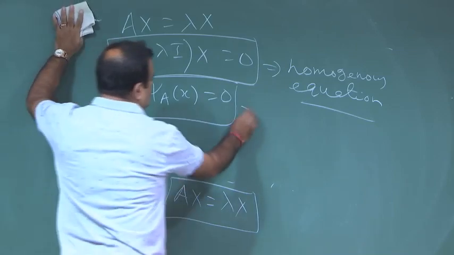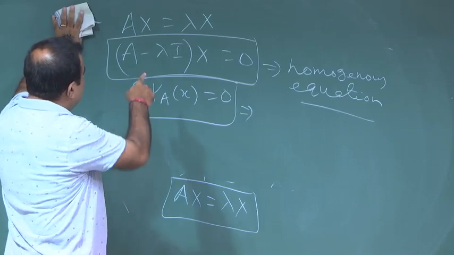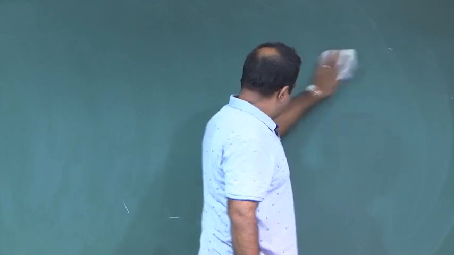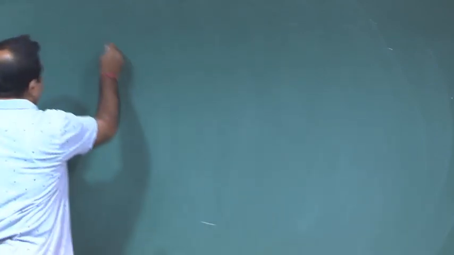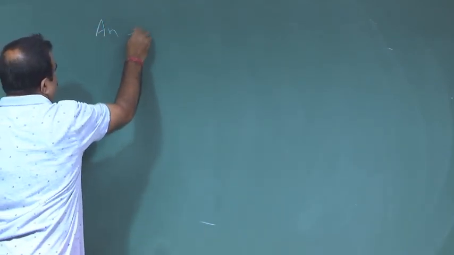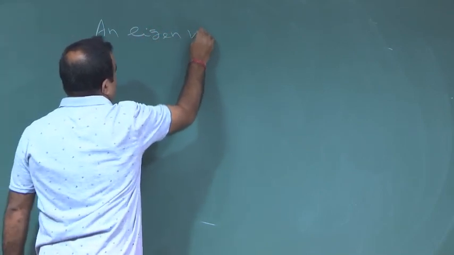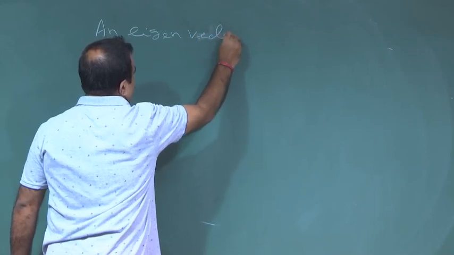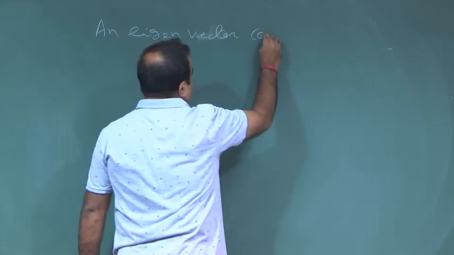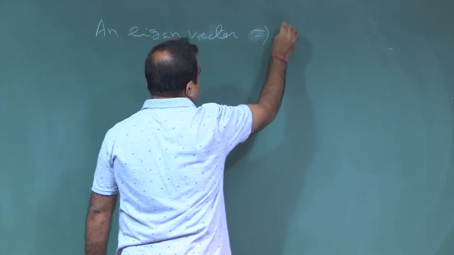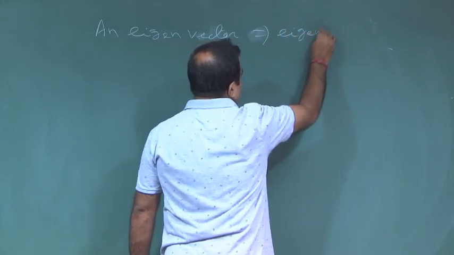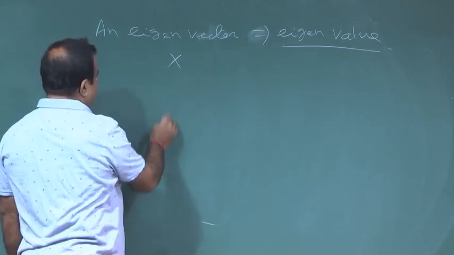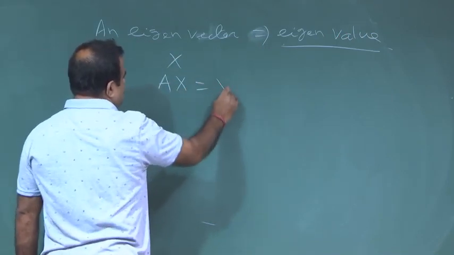So, if we have an eigenvector x, that means there is a lambda such that A x equals lambda x.